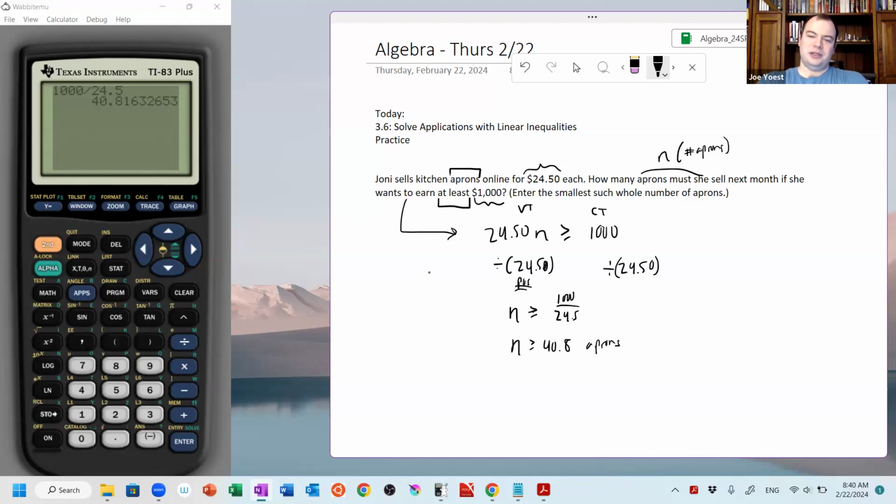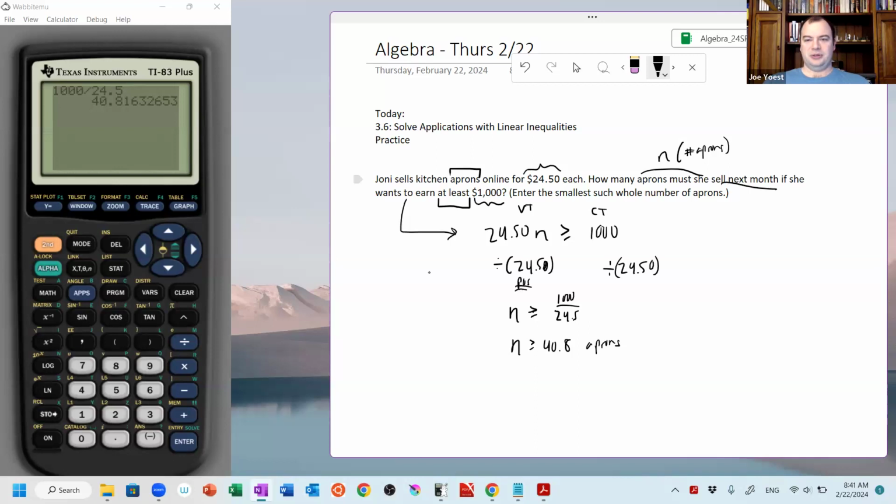It's a little bit silly to say that I have to sell at least 40.8 aprons. I can't really sell 0.8 of an apron, right? I mean, maybe we could really stretch this analogy far and say something like, averaged over 5 months, she would need to sell 40 aprons per month plus an extra 4 aprons over those 5 months or something. But that's not exactly what we were asking, right?